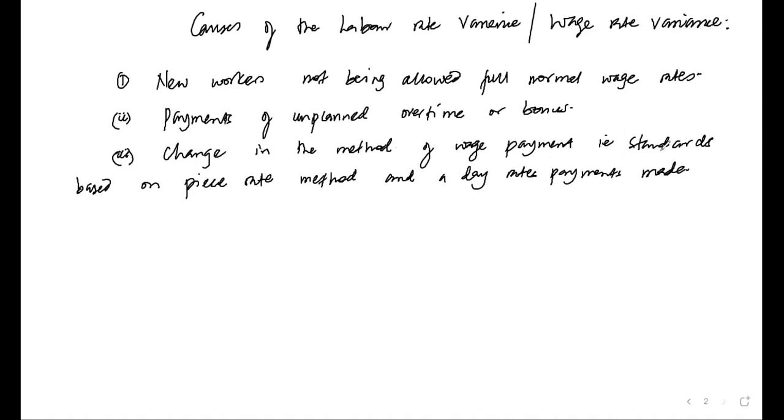You're paying your workers on a rate per day, but yet in the standards, a piece rate method was used. So when there are changes in the method of wage payment, then there is likely to be labor rate variances.